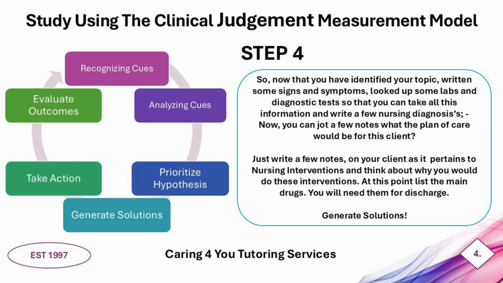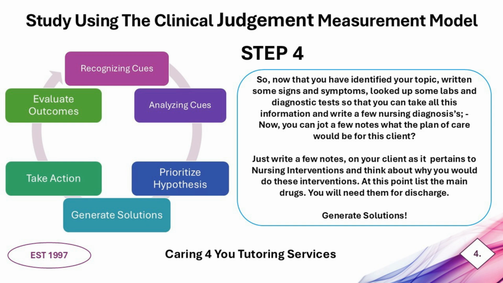So at this point, we want to think about our plan of care. What would we be doing for this client? So the way you want to think about your plan of care is you just want to write a few notes on your client as it pertains to the nursing interventions that you might want to do for your client.